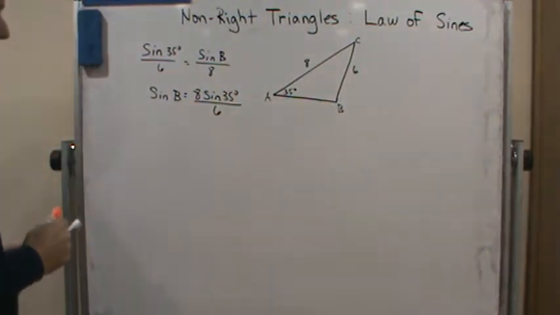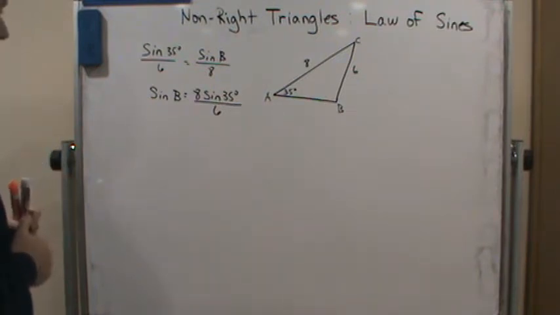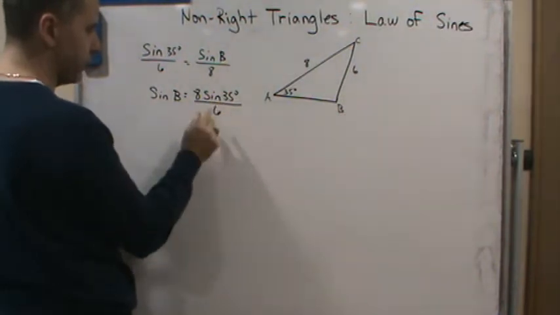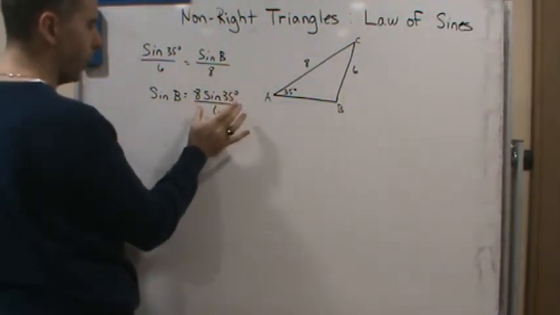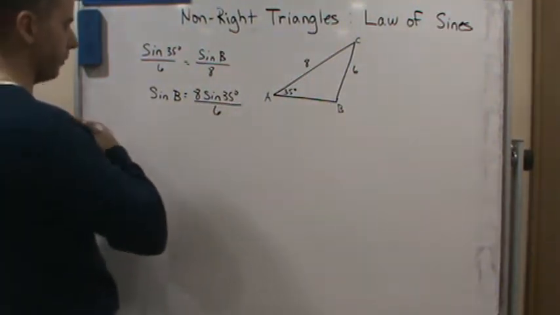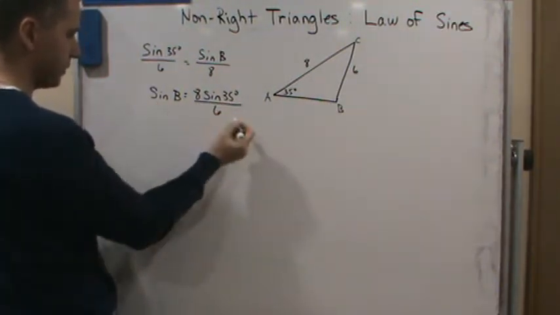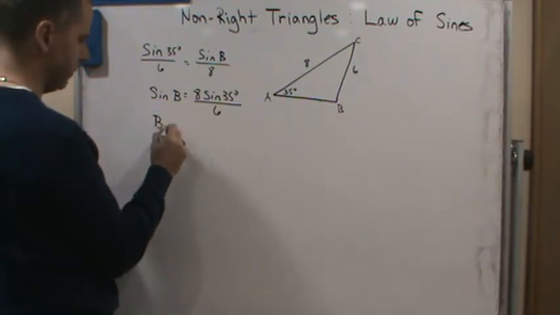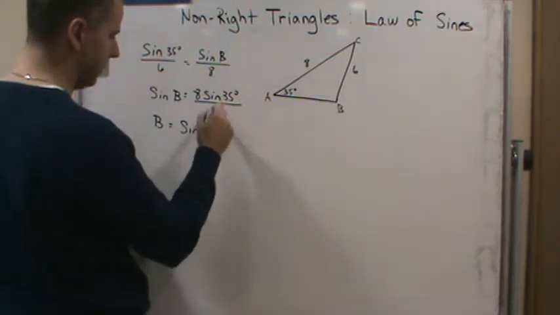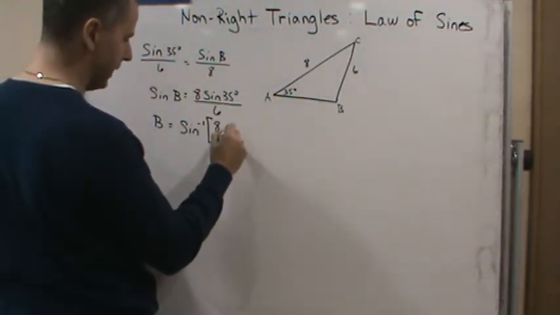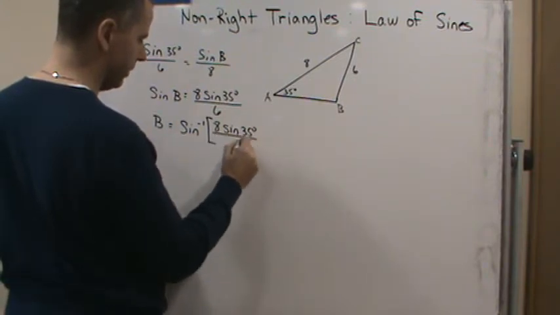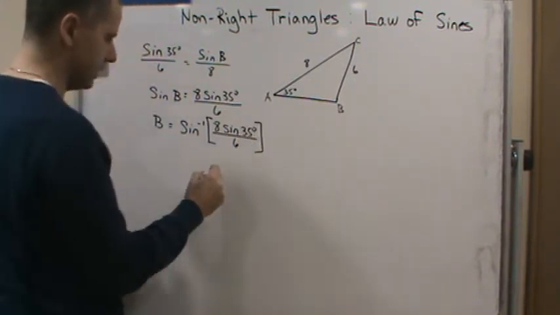Now you can put this in your calculator and get an approximation. What I'm going to do is take the inverse sine of both sides, because I'm looking for B. So I get B is equal to the inverse sine of this whole thing, 8 sine 35 degrees divided by 6.